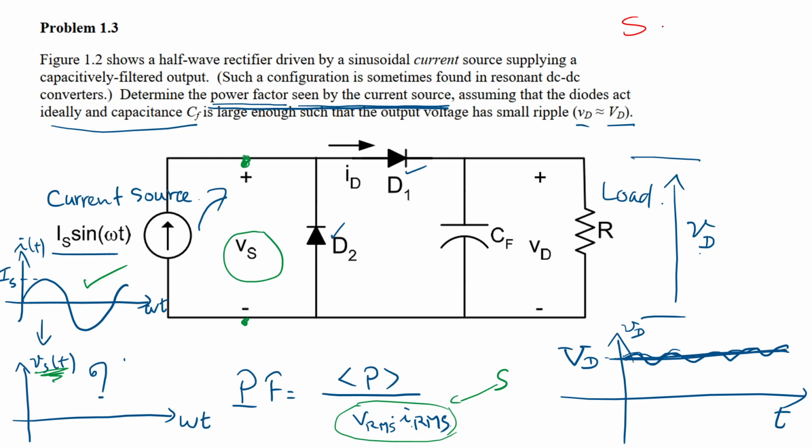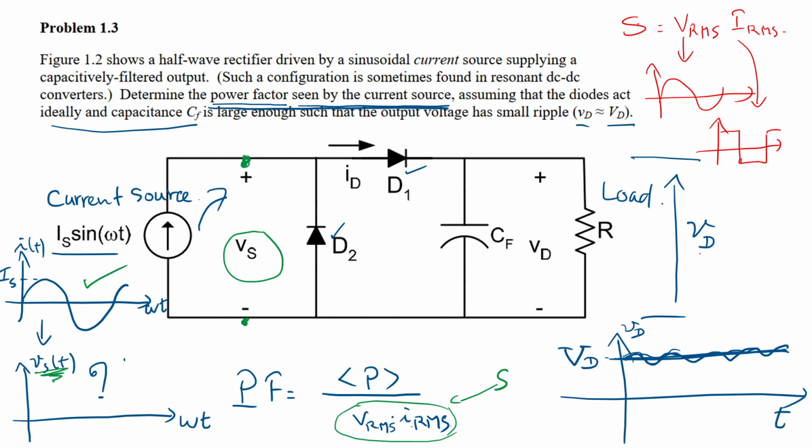Apparent power is V root mean square times I root mean square. Which means first you need to define the waveform of this voltage, and then you find its root mean square. Also for current, you need to find its waveform, maybe it's like this, and then you find its root mean square. So you get apparent power.